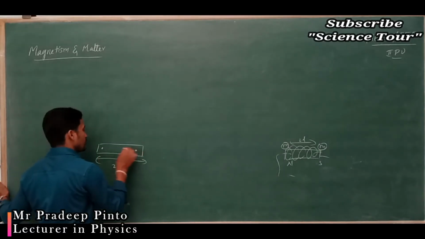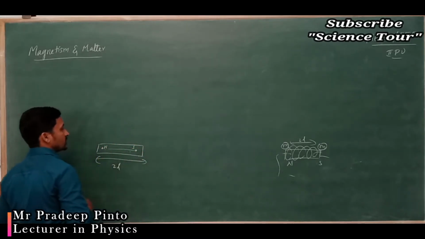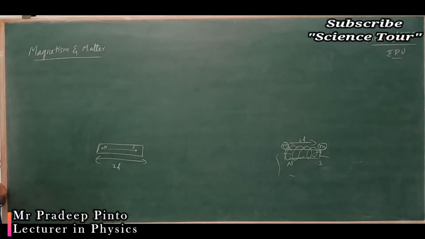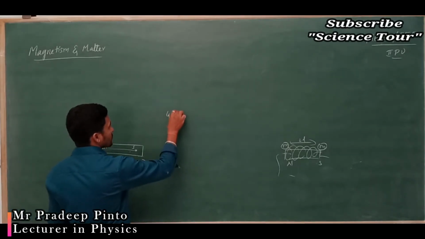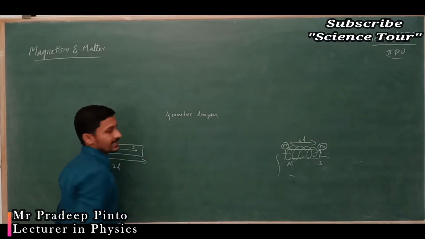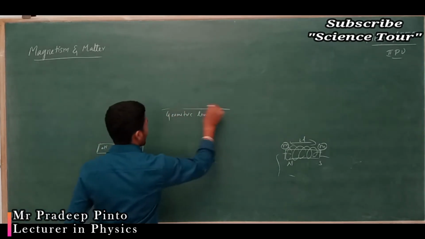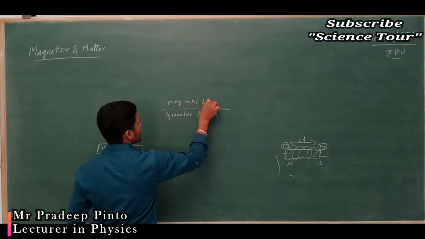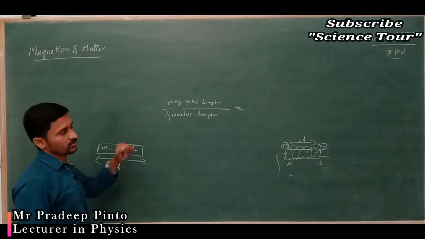The poles are north and south, and the actual distance between the north and south poles and the actual length of the magnet are different. There is a ratio. The geometric length is what you find out by measuring, and the magnetic length is the actual distance between the north pole and south pole.